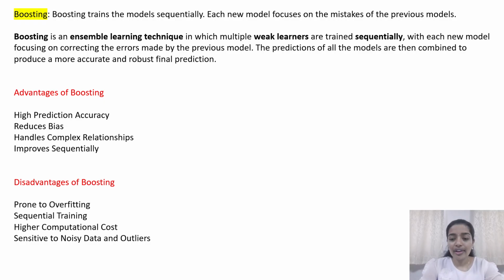If it is bagging, all the models will start training at the same time, and they are not dependent. So at the end of 5 minutes, we will have our results in just 5 minutes, because all the models are running in parallel.